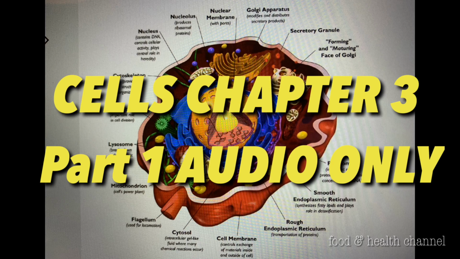Proteins are transported to the Golgi Apparatus through channels formed by the ER. The Golgi Apparatus puts the finishing touches on the protein. For example, a glucose molecule may be attached to a protein within the Golgi Apparatus.